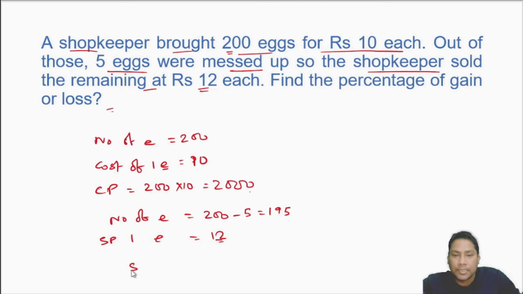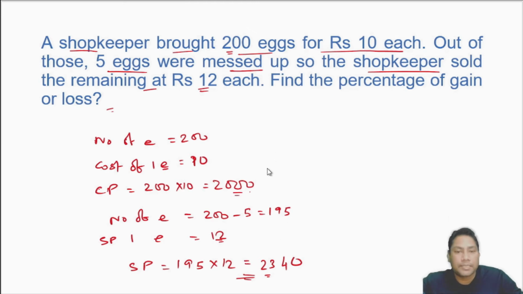The total selling price becomes 195 multiplied by 12. So we have calculated the selling price, that is 2340, and the cost price is 2000.